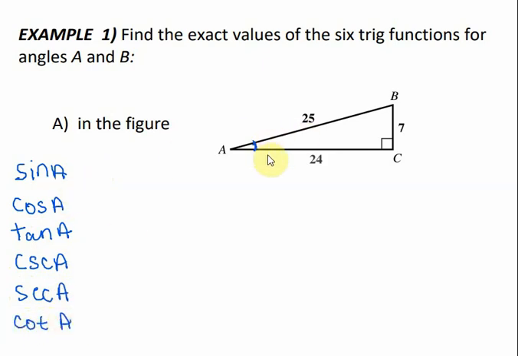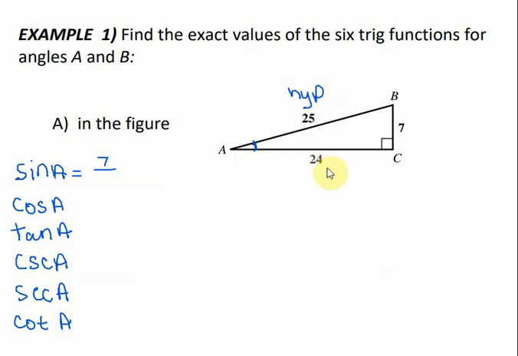All right, so sine, we said, is opposite over hypotenuse. So opposite is 7. The hypotenuse is 25. So we know this is always going to be the hypotenuse. But in this case, since this is my angle that we're standing on, opposite would be the one that's across from it.